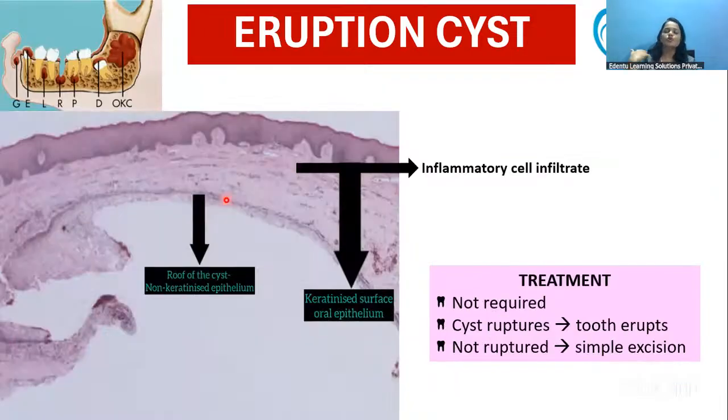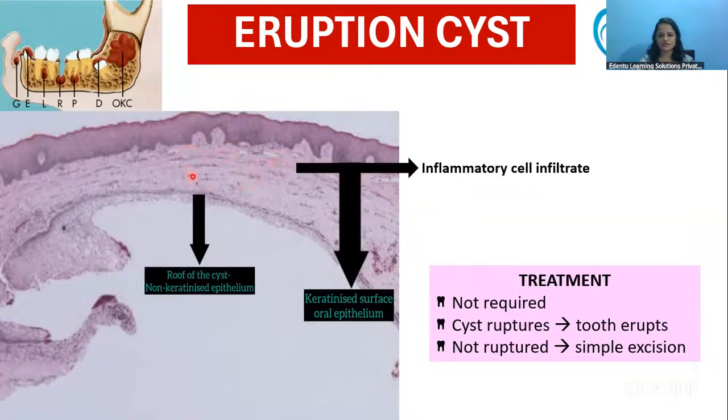If you look at the histopathology of this eruption cyst, usually after biopsy it is very difficult to get the whole cyst. What we can usually get is just the roof of the cyst. When you look at that roof under the microscope, you'll see the overlying gingival epithelium, which will be keratinized stratified squamous epithelium.